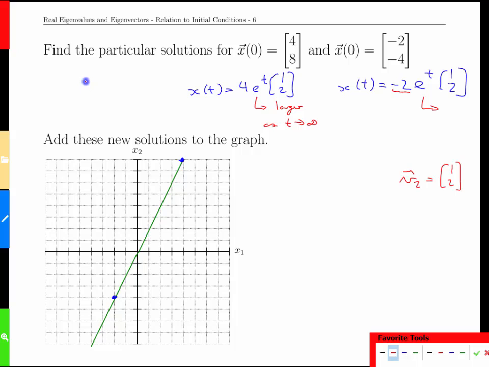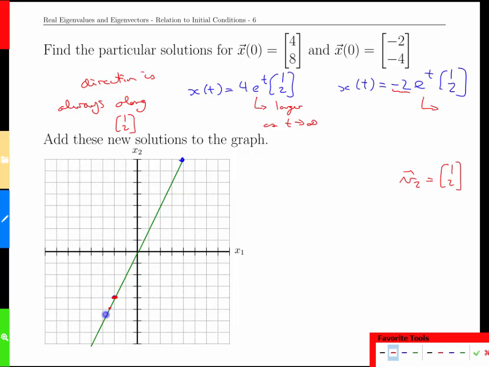But the direction is always along that vector 1, 2. So if we start at this point here, we are going to stay on that line because our solution is only going to contain the 1, 2 vector and scalar multiples.